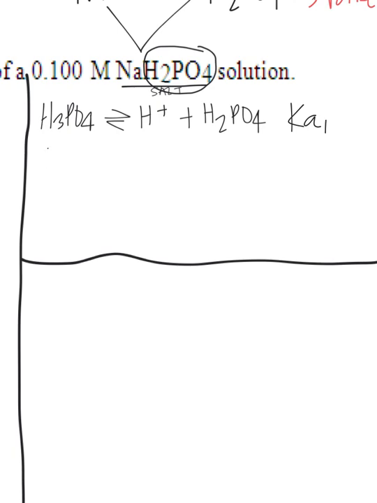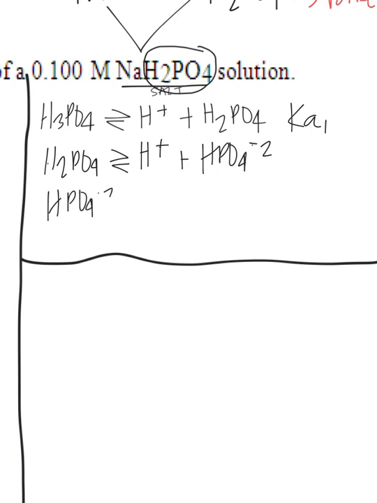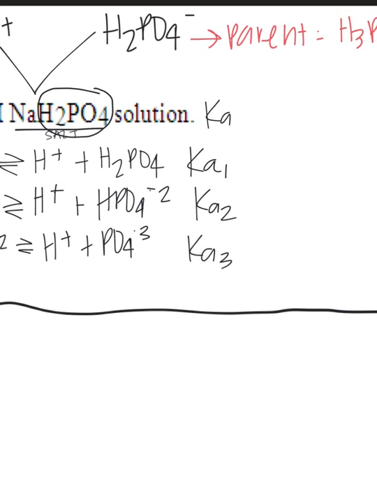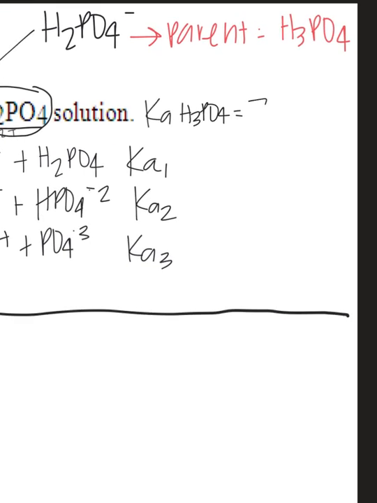Then I'll take that last part and make it dissociate, and then I'll take that last part again. This will have a Ka2 and this will have Ka3. And a little side note here, the Ka of H3PO4 is 7.5 times 10 to the negative 3.